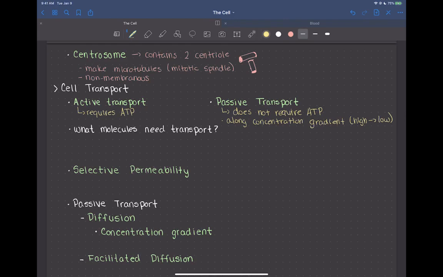And then active transport is typically going to be against the concentration gradient. All right, so you're going to be going from an area of low concentration to an area of high concentration. Okay, so that would be like pumping water, right?